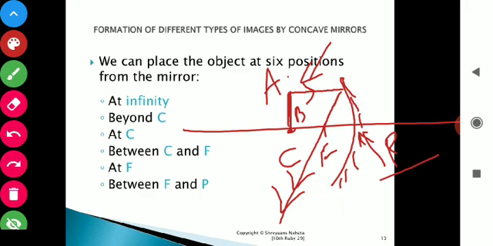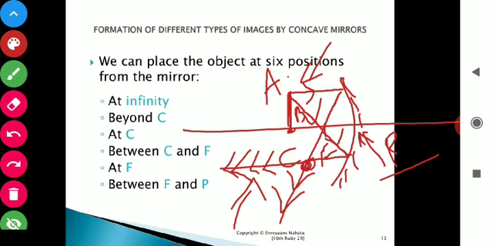According to the second rule, any line which is passing through the focus, after striking the mirror, will reflect back parallel. So this is the incident light, and after reflection this is the parallel line, which is the reflected light.